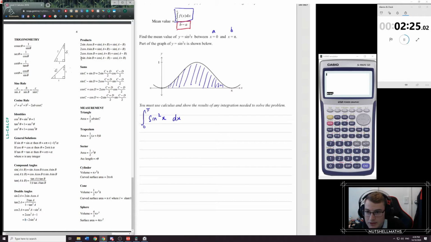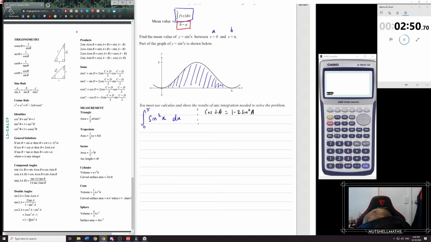I could technically do this with a and b being the same, but I'd end up with this, which is literally the same as this. So let's do this. I'm going to write it out to the side a little bit, might put some dotted lines and just write this formula. Cos 2a equals 1 minus 2 sine squared a. Right. So let's have a look. We've got sine squared a.